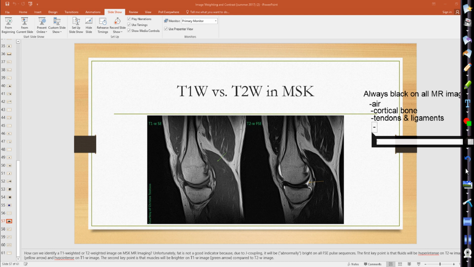And then any metal. Metal will cause distortion and signal loss.